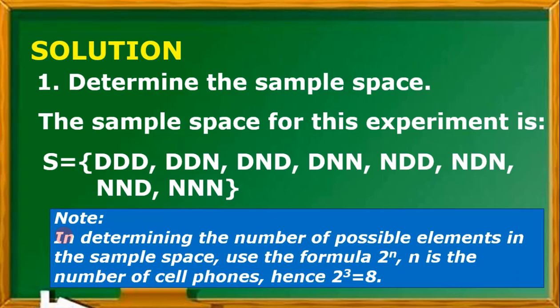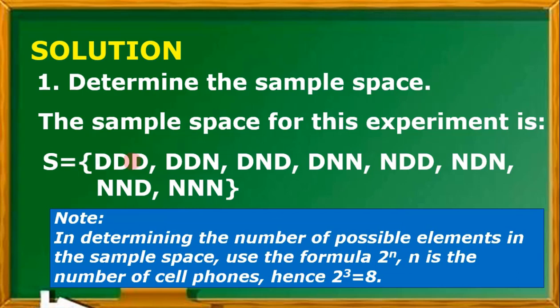Note that in determining the number of possible elements in the sample space, we use the formula 2 raised to n. Why 2 raised to n? Why 2? Well, there are 2 possible outcomes given a cell phone. It could be either D for defective or N for non-defective.